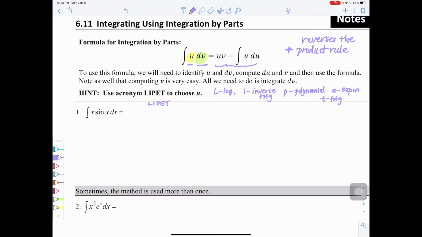So the I is just for the inverse trig, okay? So that's what we'll be using, the acronym LIPET.